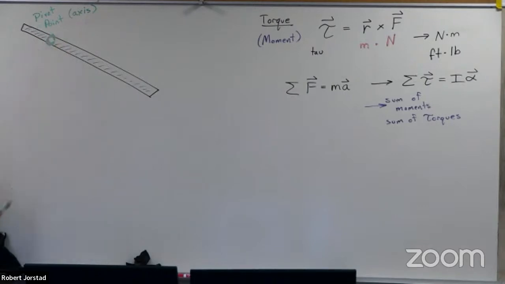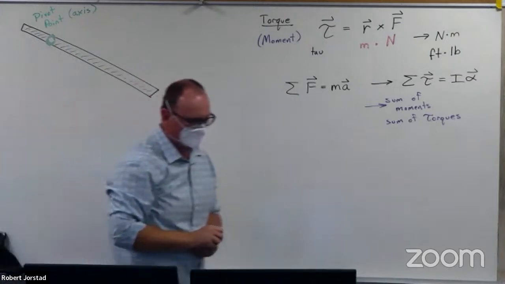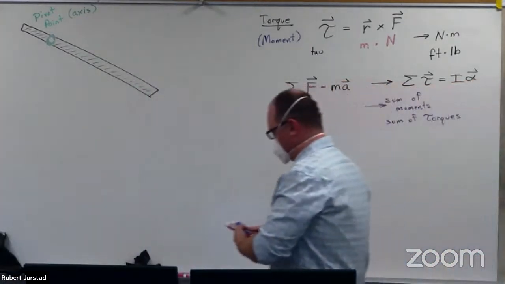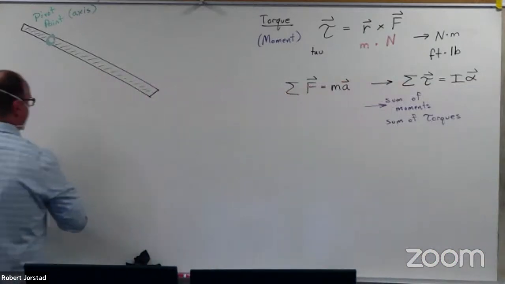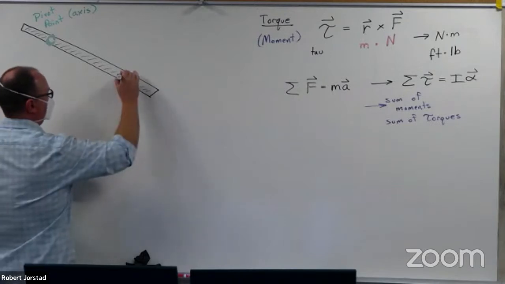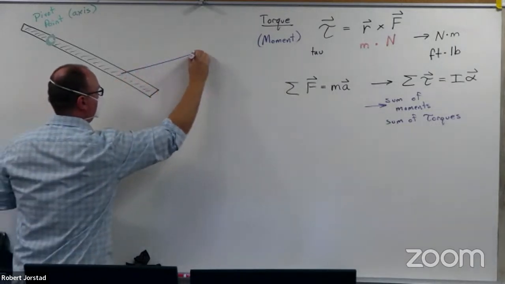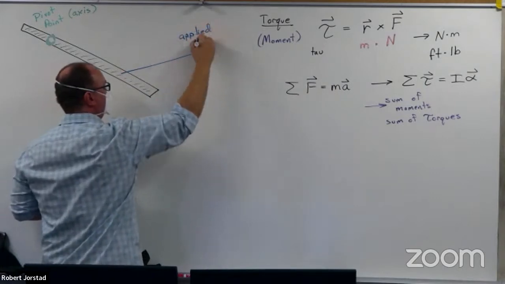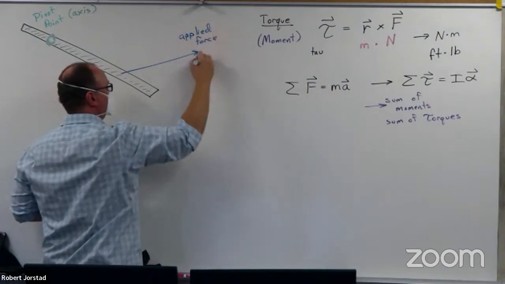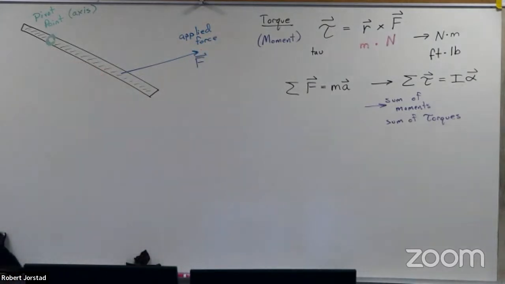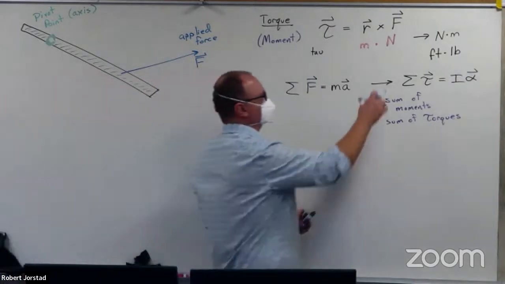So right there's the pivot point. And there's some applied force. There's my applied force. So maybe to keep the color coding consistent, I'll change this to blue.